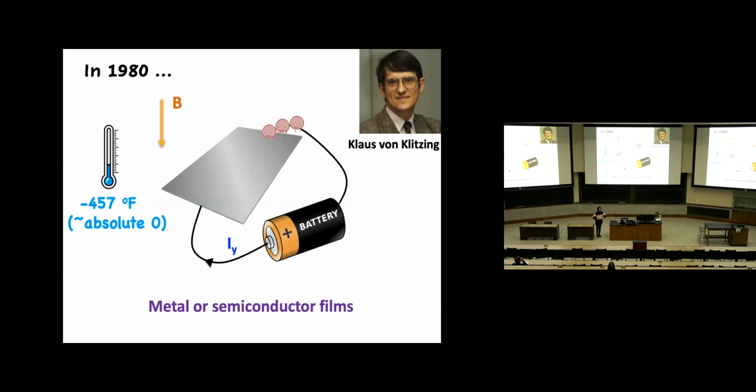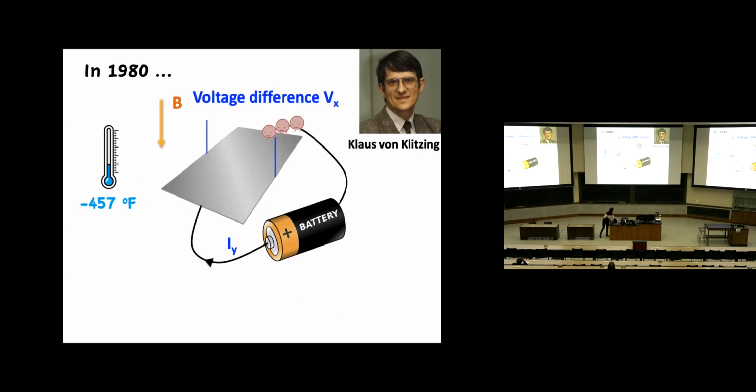The reason he wanted to do this is that when the temperature is high, there is thermal noise and thermal fluctuations. But at very low temperature, you don't have those, and so the quantum effect will be evident. That's the motivation for going to a very low temperature.